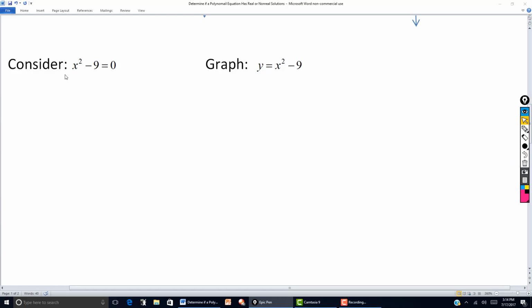If I wanted to solve x squared minus 9, of course this is very easy, I could graph y equals x squared minus 9.